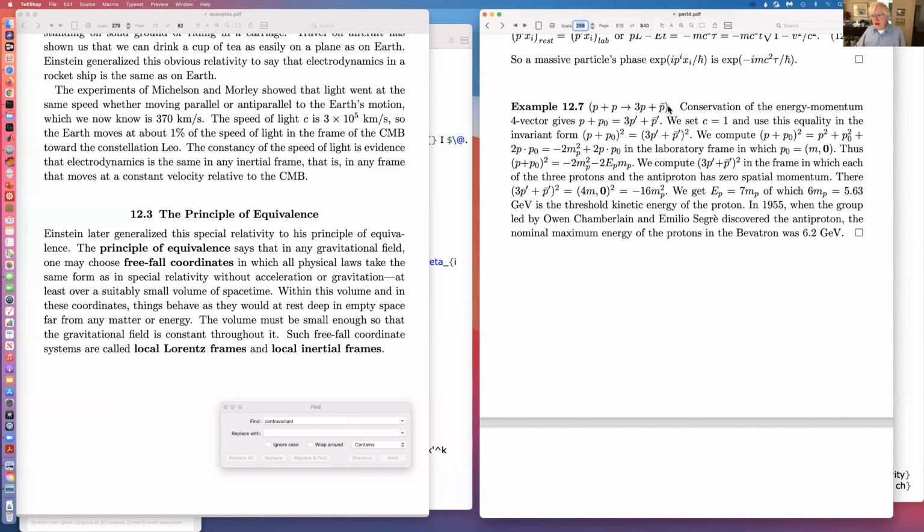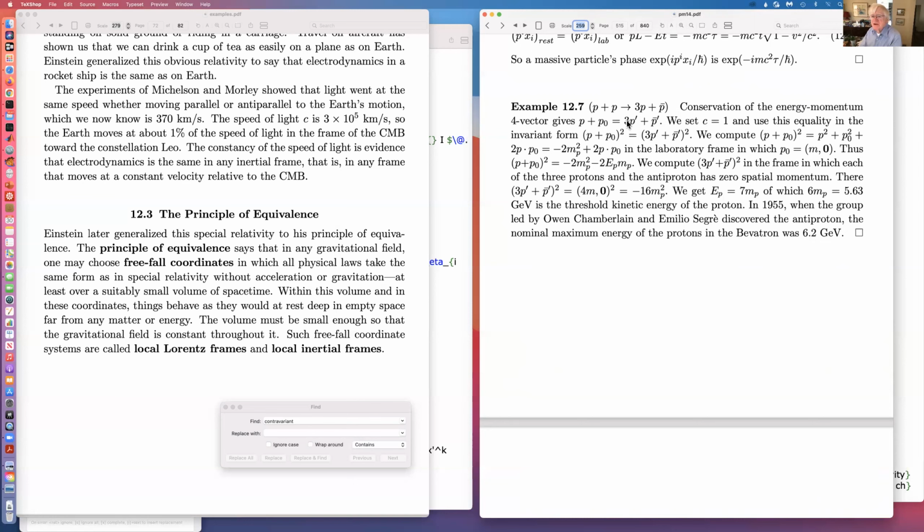And so the reaction they wanted was P plus P goes to 3P plus P bar, the antiproton. And so the conservation of energy momentum, the energy momentum four vector, gives you P plus P0, where P0 is the proton at rest, one of these protons, is 3P prime plus P bar prime.